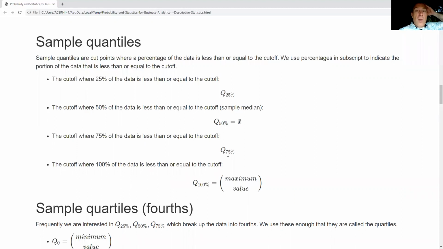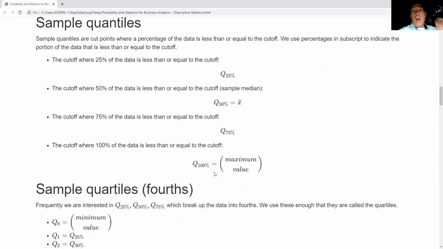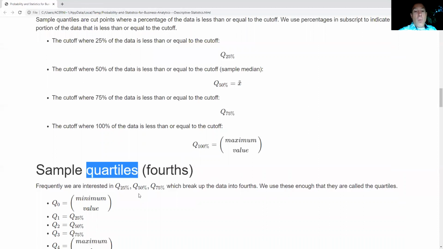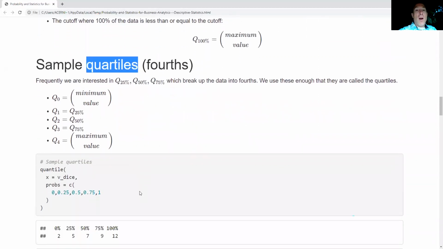These quantiles come up so often that they get a special name: quartiles. Quantiles are any quantity, quartiles are fourths. Here we break up the data into approximately equal groups of fourths. Q1 is the 25% mark, so 25% of the data is less than or equal to Q1.